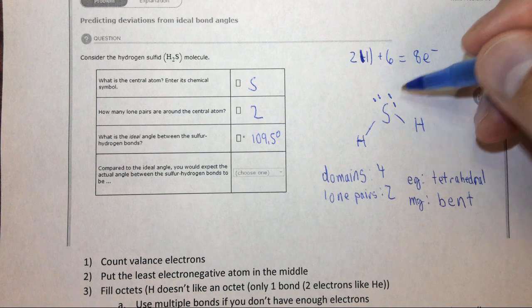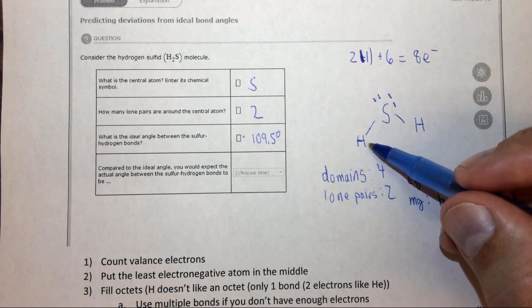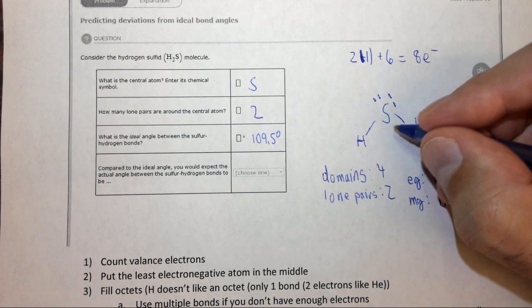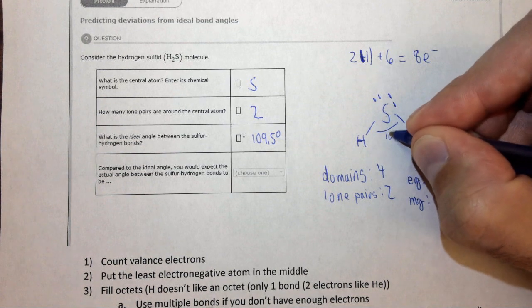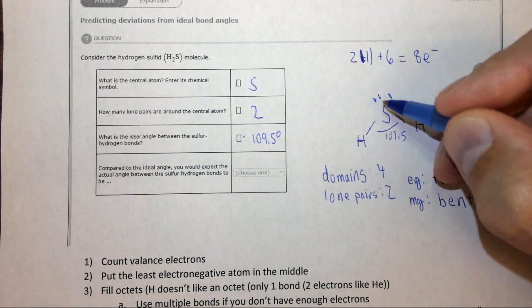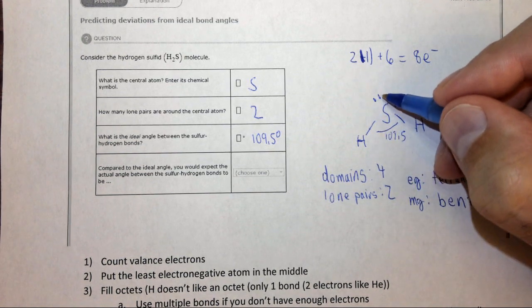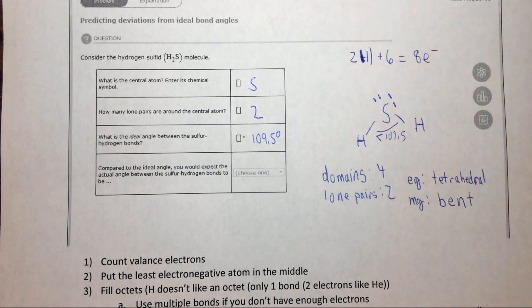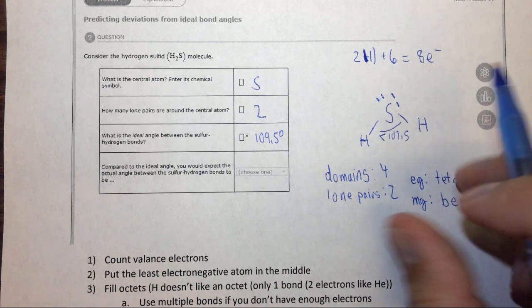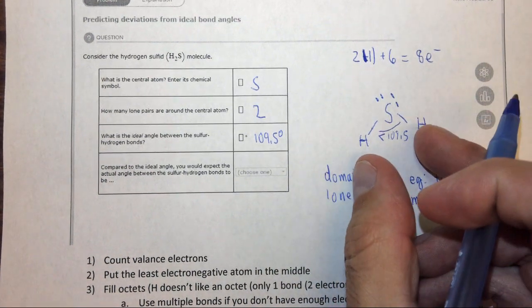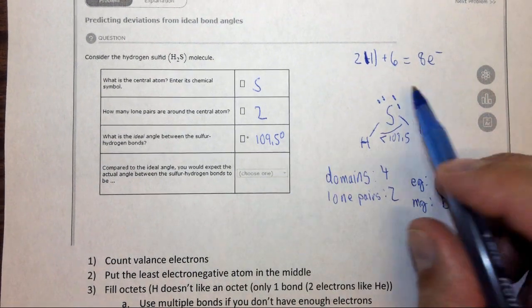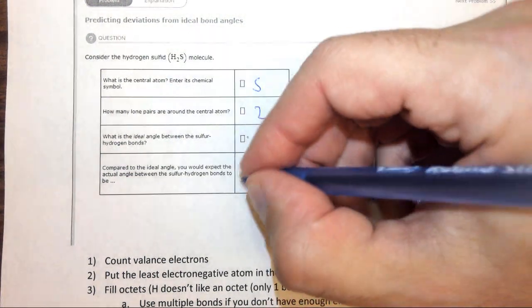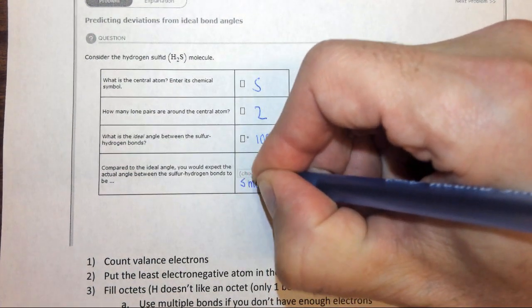So because they take up more space, this HSH bond angle would be 109.5, but these lone pairs are bigger, which makes this less than 109.5 because it kind of squeezes in this bond angle. So here the answer is smaller.